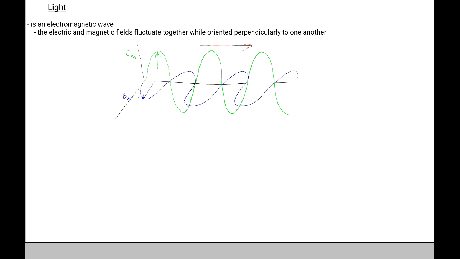It is actually given by the right-hand rule, where one places their hand in the direction of the electric field, with fingers pointing up that way, and then bends the fingers in the direction of the magnetic field. So the outstretched thumb will then be in the direction of propagation of the wave.